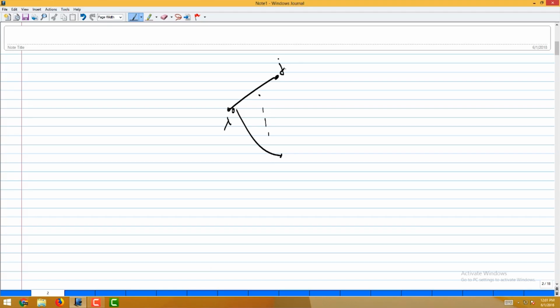So, some j between 2 and n, and then what is the rest of the cycle? I want to start from j, finish everything else and come back to 1. Among all such paths which start from j, visit every other vertex, come back to 1, I want the one which is the minimum such path.